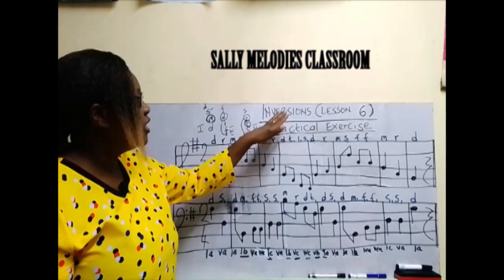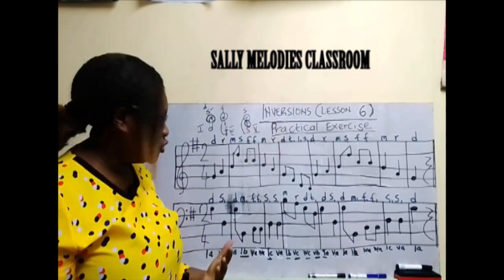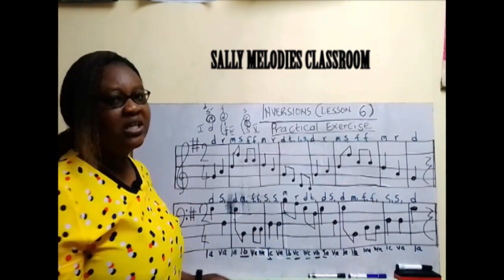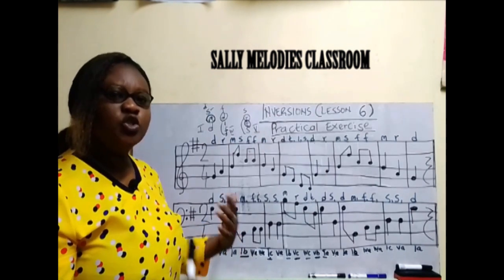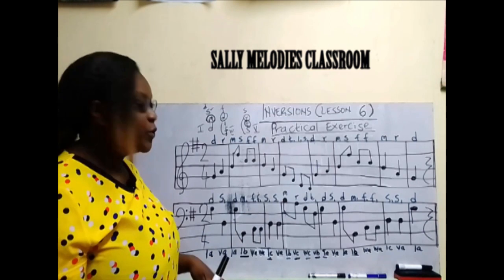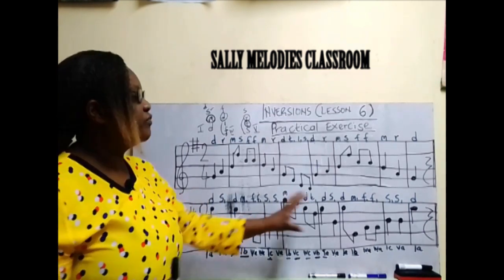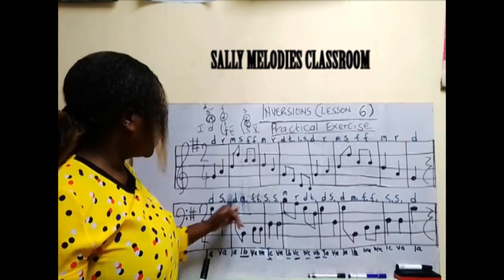And why do we do inversions? Once again, I remind you, we do inversions to break the monotony in the bass line and also to give it a sweet harmonic flow. Because now, if we gave all of them a root position, you could only be seeing do, so and fa.